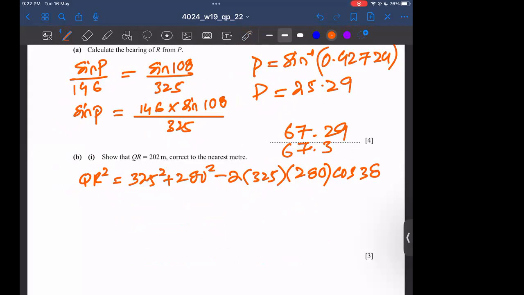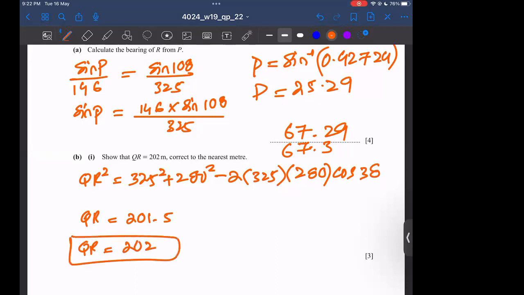You're going to take the square root at the end. You got the answer of QR, that is 201.5. We have to give the answer to the nearest meter. Now it will be converted into 202. Otherwise, the answer was 201.5. Now it will be converted into 202, hence shown.